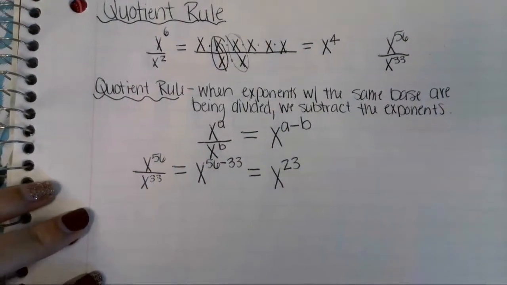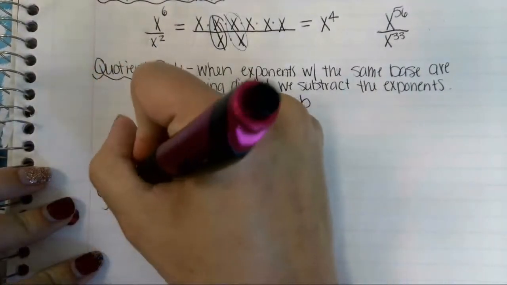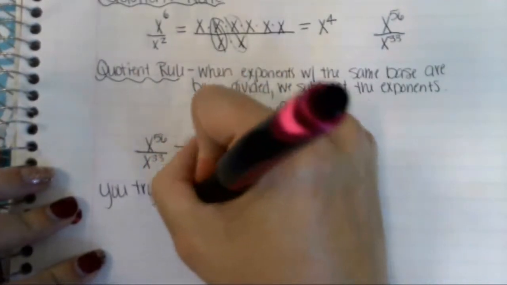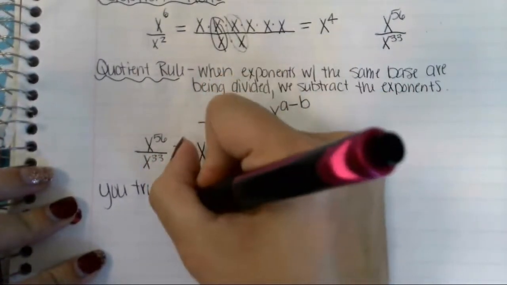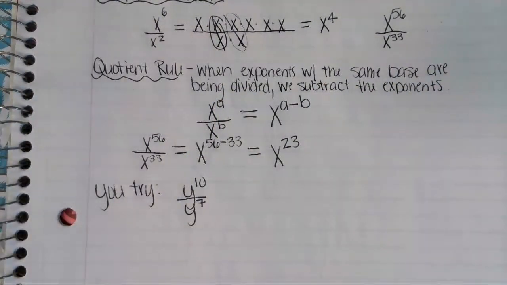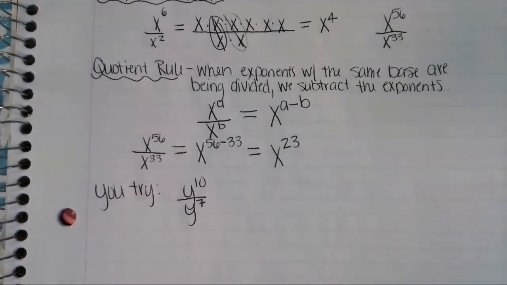Okay, before I throw anything different at you, I want you to try this one. So let's try y to the 10th over y to the 7th. Notice they have the same base, and use that quotient rule to help you work this one a little bit faster.